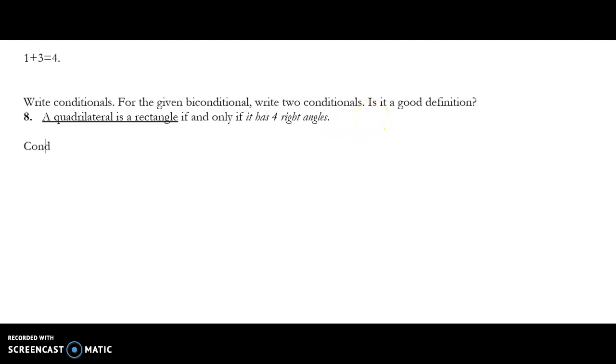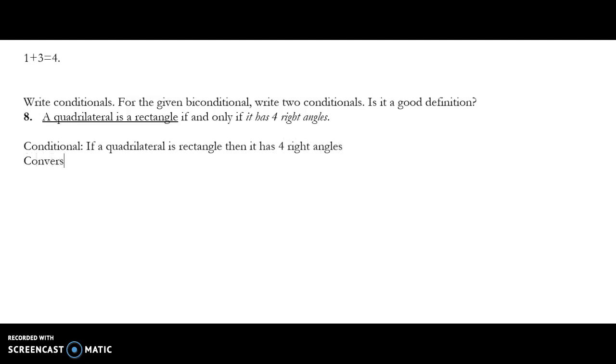Okay? So my first statement would be my conditional, which would say if a quadrilateral is a rectangle, then it has four right angles. Okay?